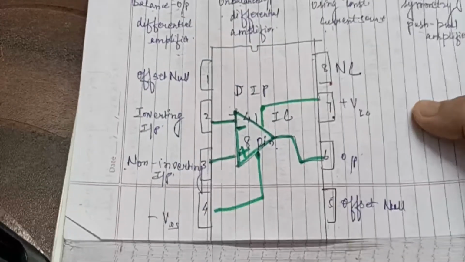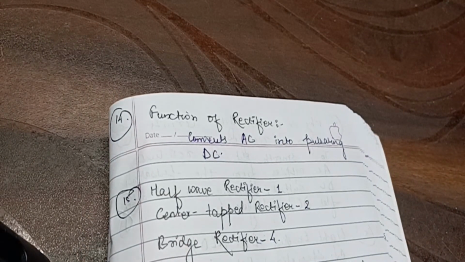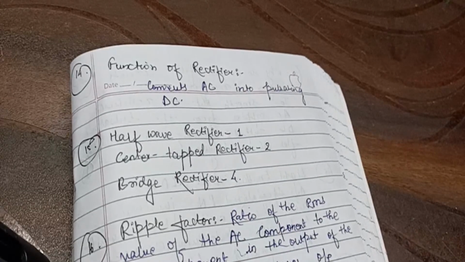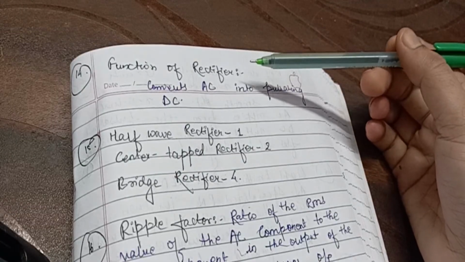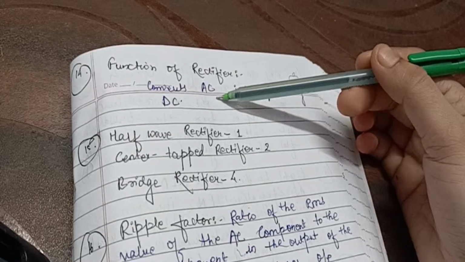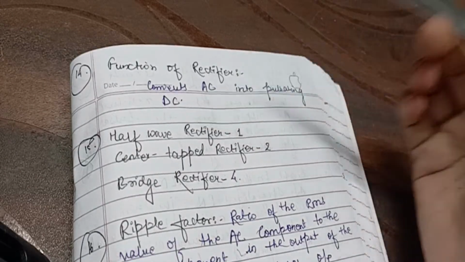Now the next question that can be asked in any interview is, what is the function of the rectifier? Why do we use a rectifier? A rectifier is used to convert alternating current, that is AC, into pulsating DC, not pure DC.